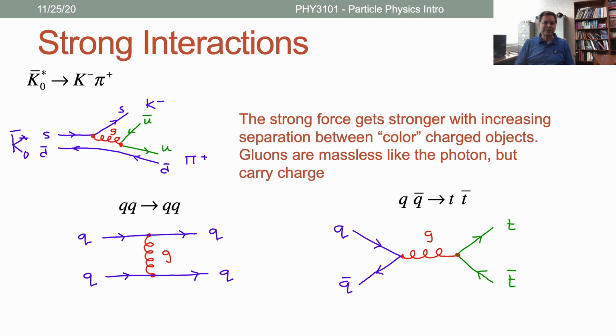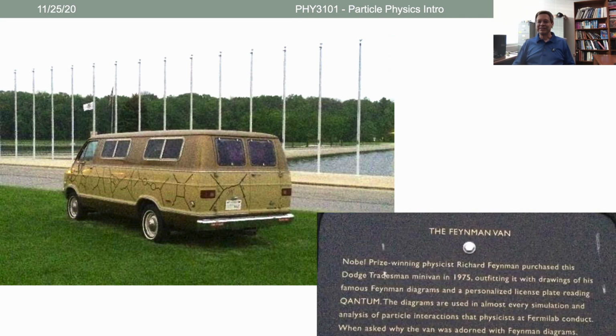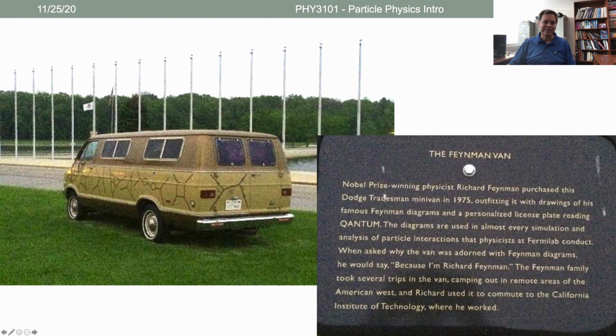Okay, so just to end, these diagrams we're showing, as I said, are known as Feynman diagrams, and obviously owing to Richard Feynman. And so this is actually a van he owned and drove his family around in 1975.